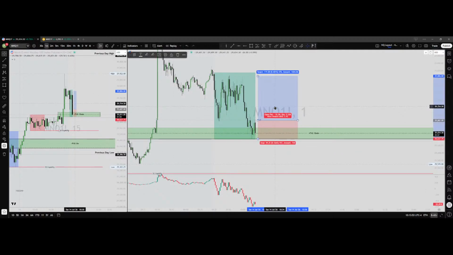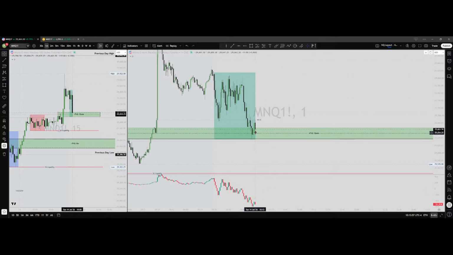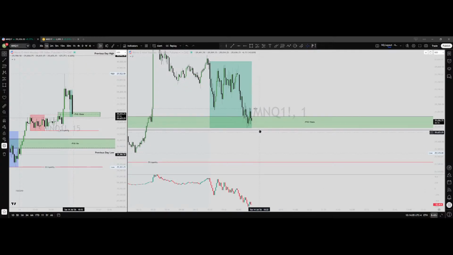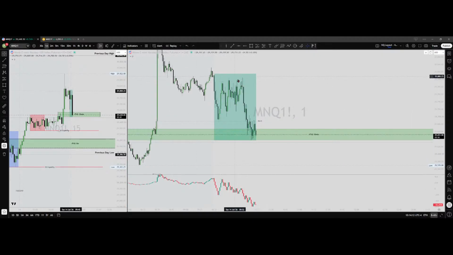After this much price moving lower, I don't believe we are going to get this signal here. So let's wait. I believe we are going to get a bullish signal today that will work, like a first signal that will work, if we take out some liquidity and then maybe move over.